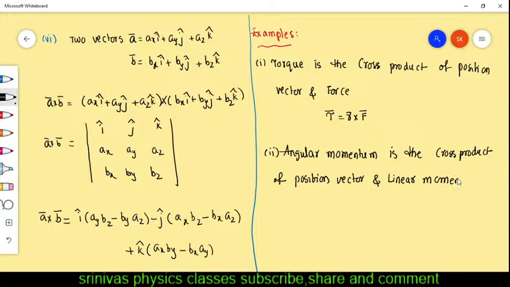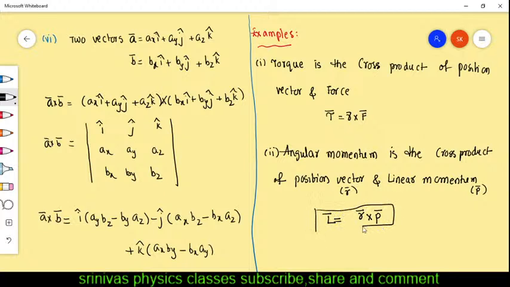You see here, position vector is r bar, linear momentum is p bar. When you find the cross product of these two vectors, position vector and linear momentum, you will get the angular momentum. Angular momentum is denoted with L bar.